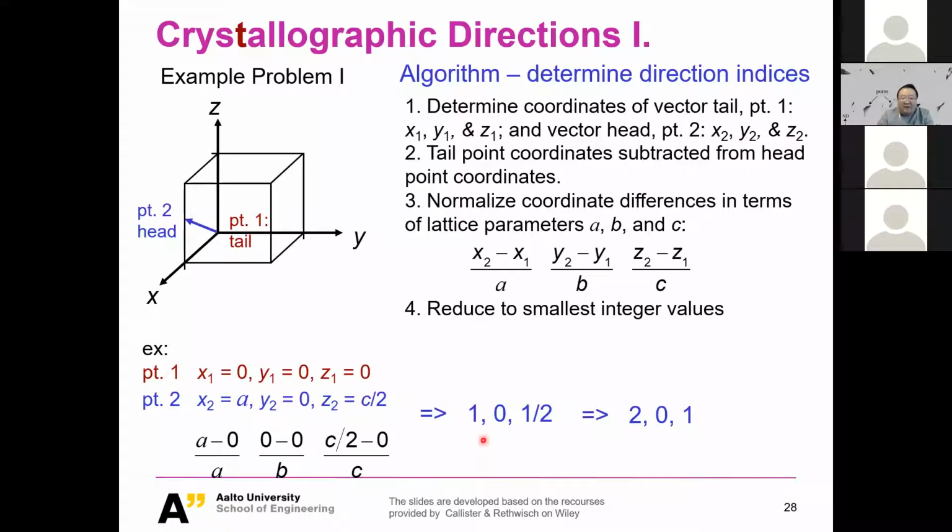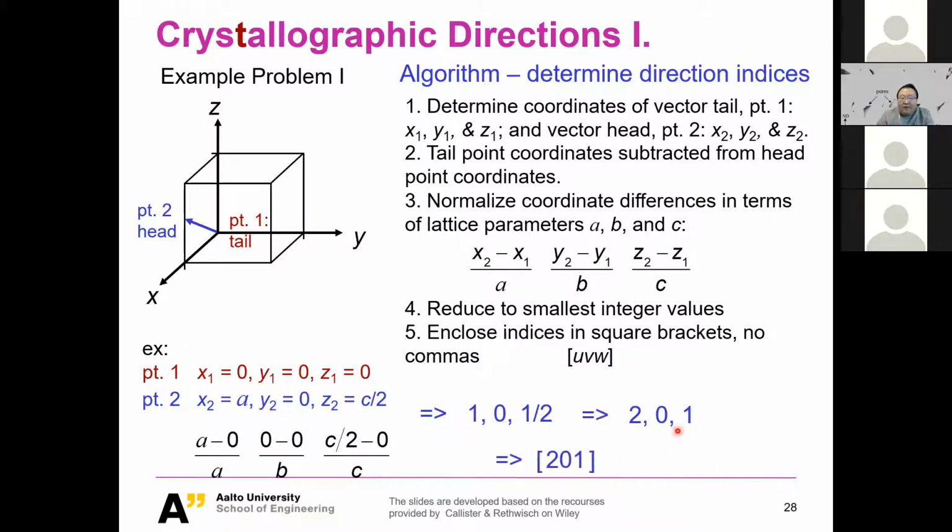As you can see, finally we arrive at 1, 0, and a half. The last step is that we don't want to have a half here. We want integers just to make things simpler, so we find the smallest integer values, and this becomes 2, 0, and 1.